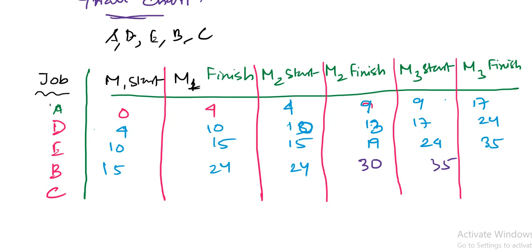And for job C it is 24, 32, 32, 34, 45, 51.